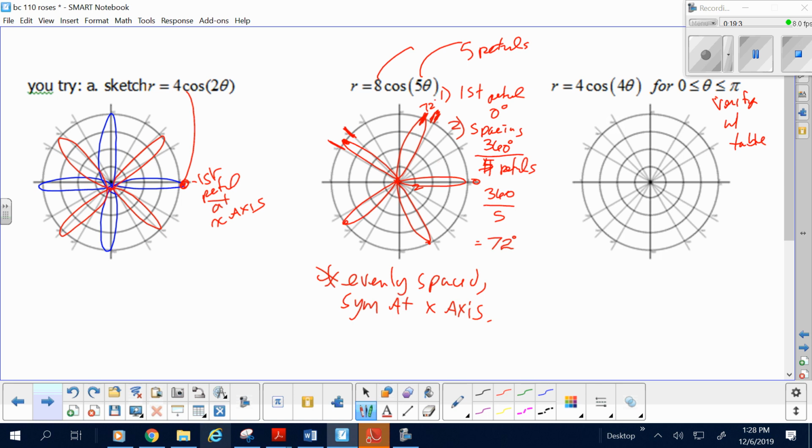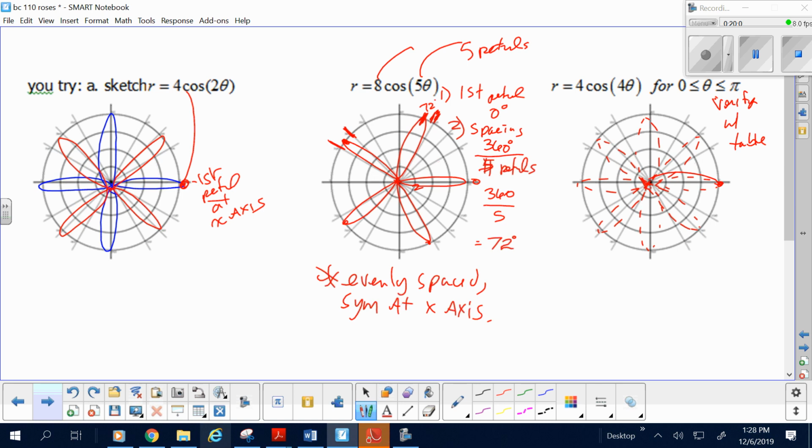I know that this would want to do something like 1, 2, 3, 4, this is not the order, 5, 6, 7, 8. I know it's going to want to have 8 petals, yeah? But I'm not going to get the whole thing, so you need to kind of know where it gets made. We definitely know it starts at 0, right?